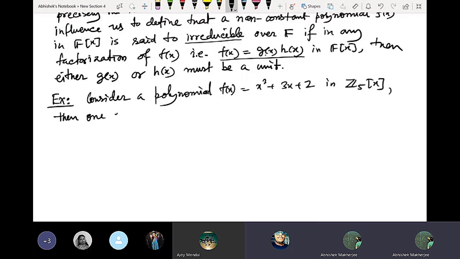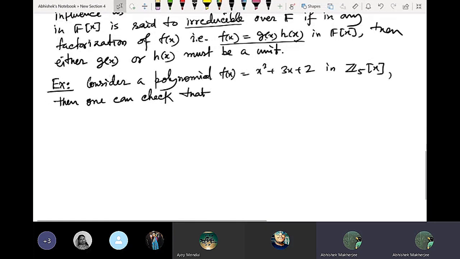Then one can check that if we put each element of Z5 into x and evaluate this polynomial, what shall we get?